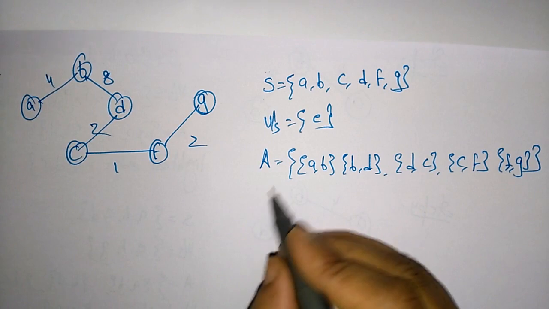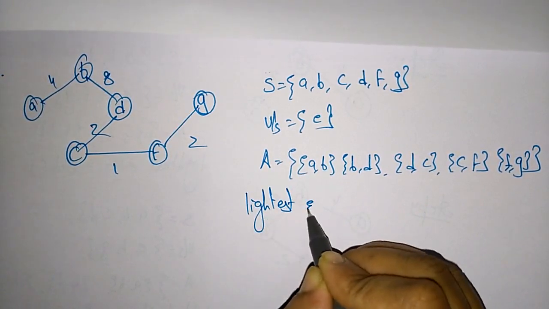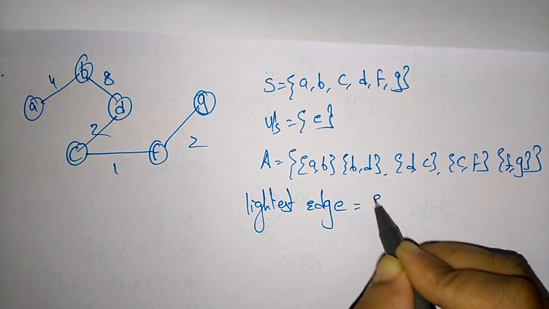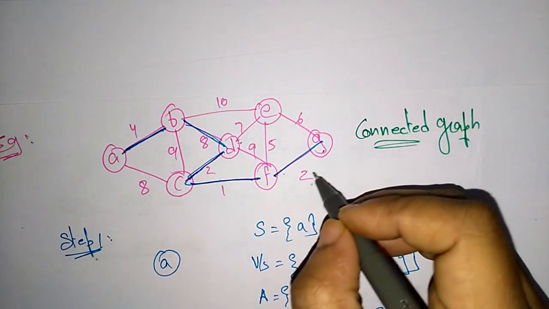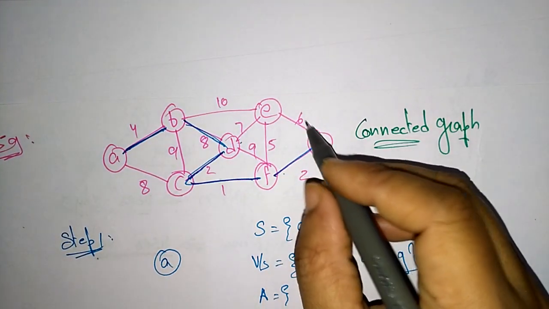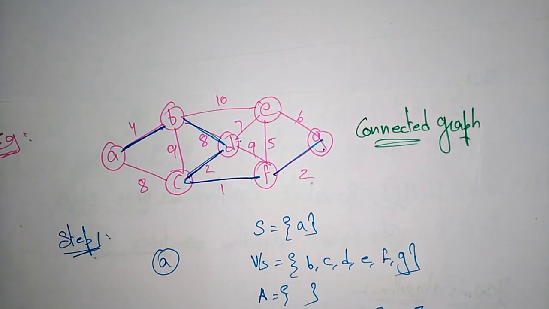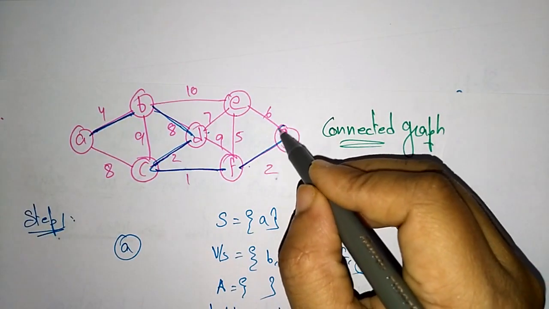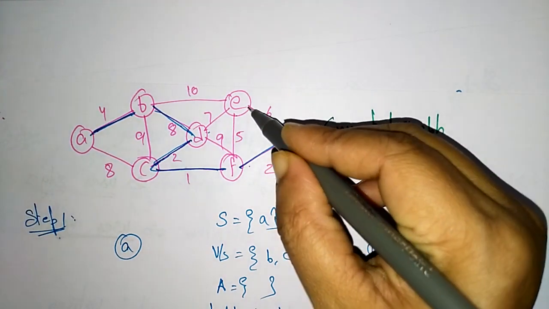Okay. Now, what is the lightest edge for G? We have to select from G. So the lightest edge is FE. So I am selecting FE. Sorry, not that, we have to select from the visited vertices.